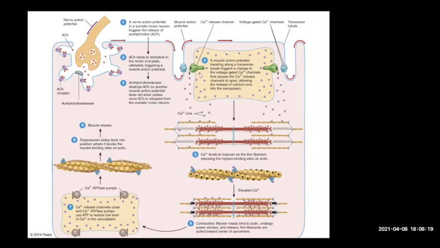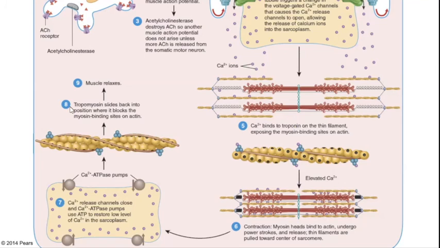Voltage gated calcium channels, calcium release channel, calcium flooding over the sarcomere, calcium exposing the troponin on the thin filament, exposing the myosin binding sites on actin. Elevated calcium leads to contraction. Once that contraction is done, calcium ATP pumps put all that calcium back inside your sarcoplasmic reticulum, so that interaction ends and the muscle relaxes.